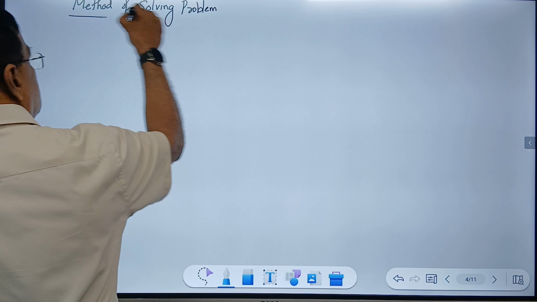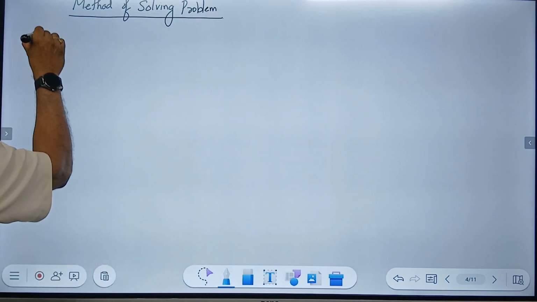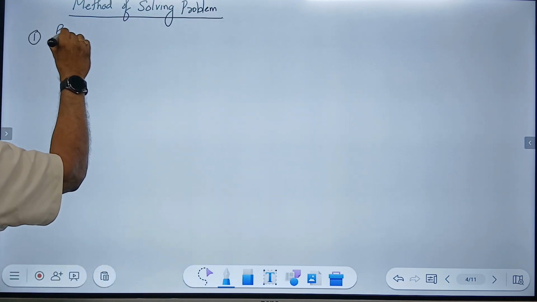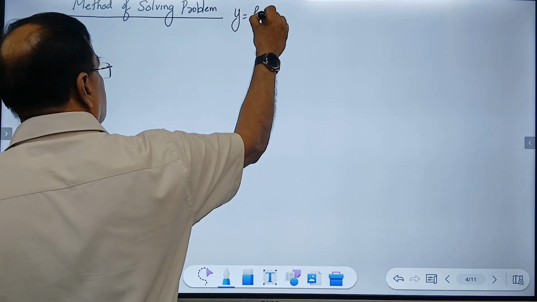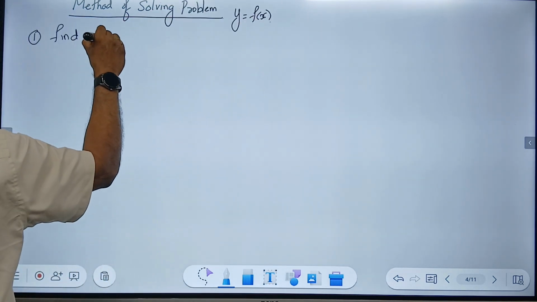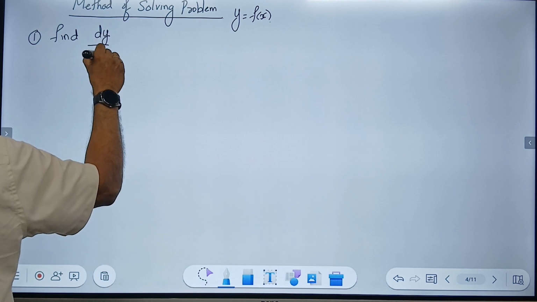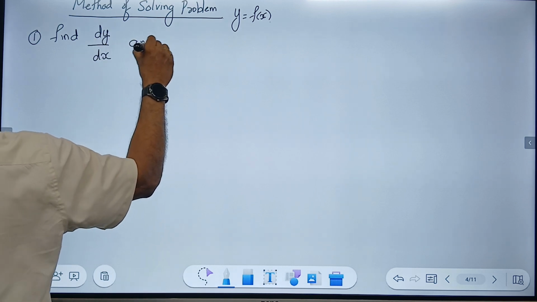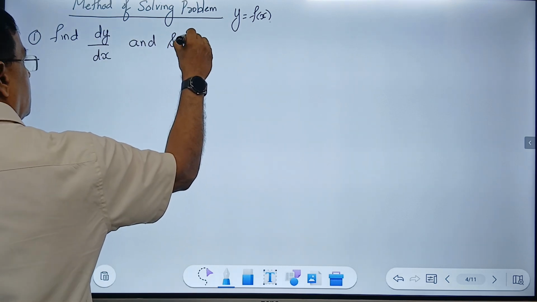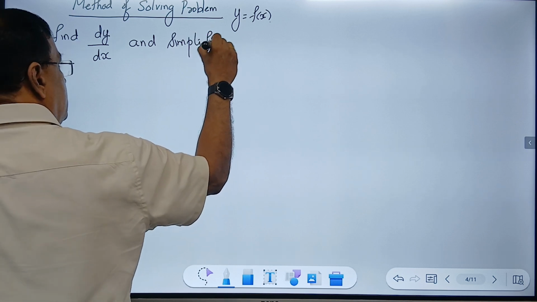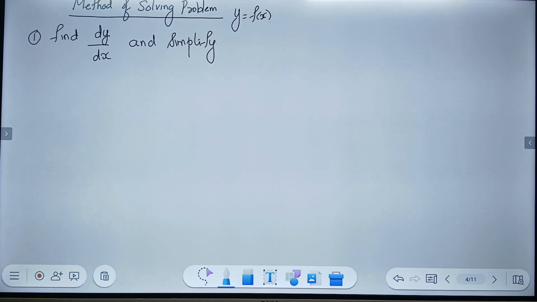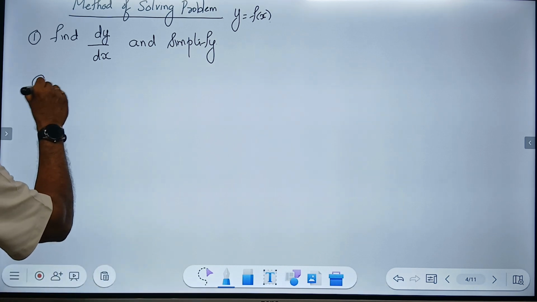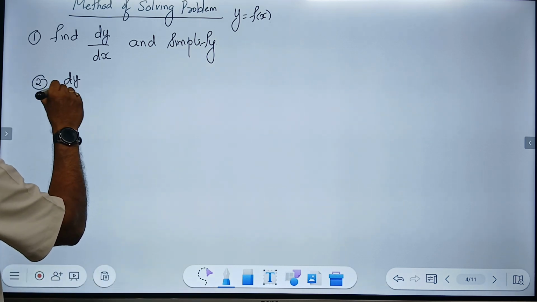First, suppose you have a function y equal to f of x, find dy by dx and simplify. So you need to simplify dy by dx if it is possible for you to simplify. Okay. So first you find dy by dx and simplify. Second is, you take dy by dx as 0.